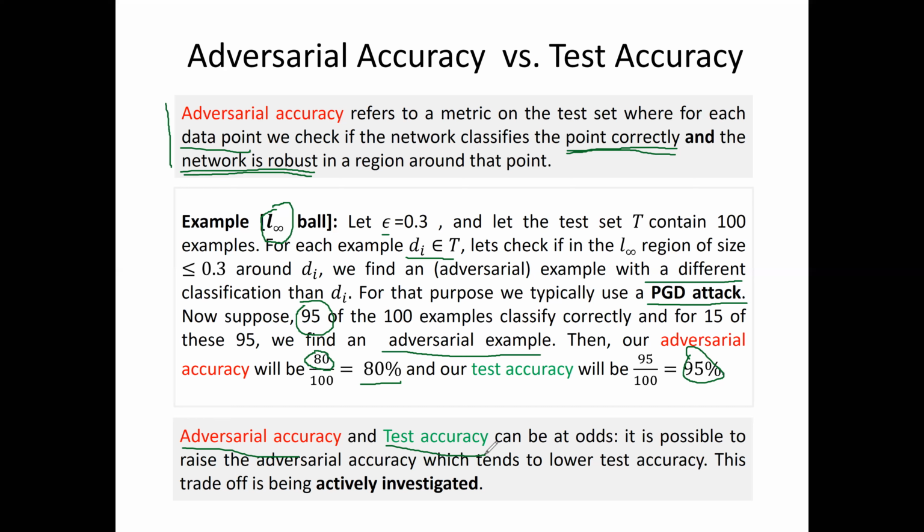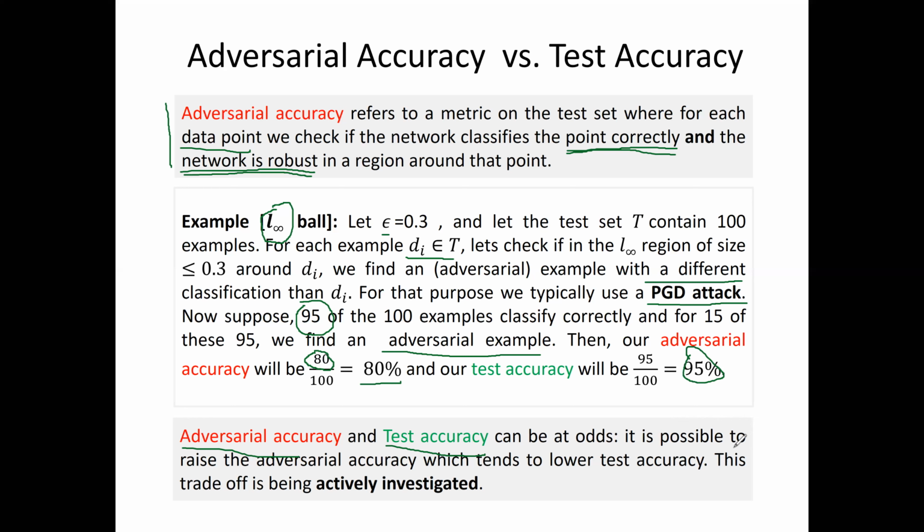So maybe the test accuracy reduces from 95 to 90%, let's say in our example. However, the adversarial accuracy can increase, maybe up to 82%. So you have fewer points classifying correctly, but more points are actually robust.